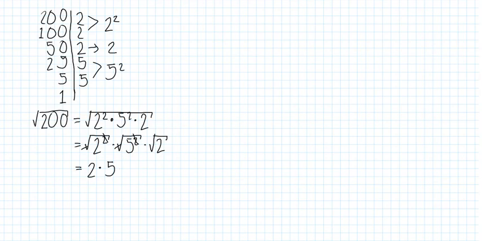The last one doesn't have any exponent, so we just copy the square root of 2. Finally, we multiply 2 times 5, that is 10, so 10 square root of 2. Now we know that the square root of 200 is 10 square root of 2.